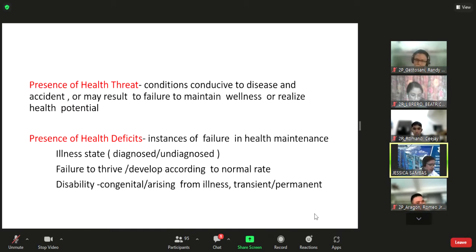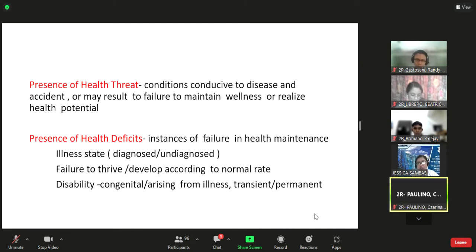So halimbawa naman, kunyari, ang nakita nyo doon na problem is, let's say for example, one family member is suffering from tuberculosis. So how will you state it? Automatic na po, tuberculosis as health, ano man siya?